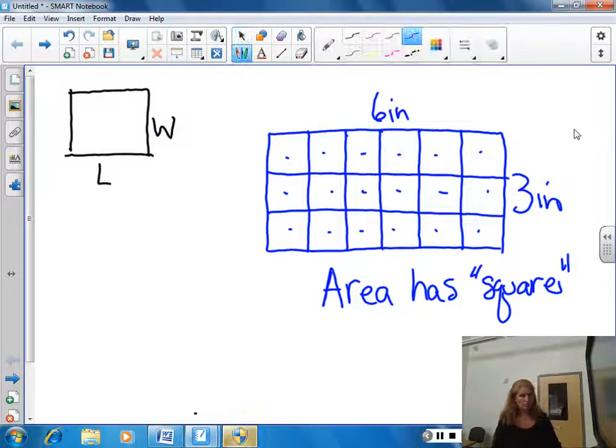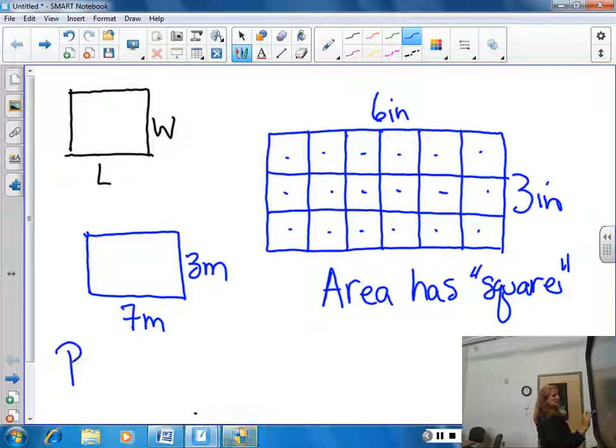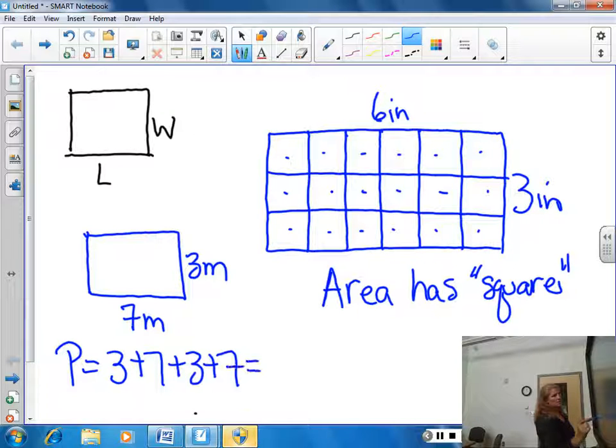It doesn't usually come out to be the same. So let's say instead of that I have 7 meters by 3 meters. And I ask you to find the perimeter. You would do 3 plus 7 plus 3 plus 7, or 20. And what would the units be?